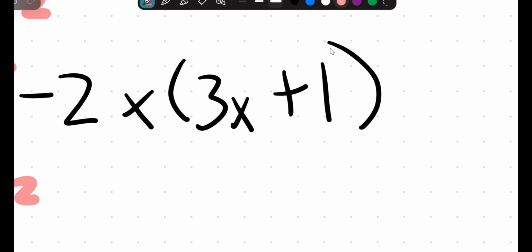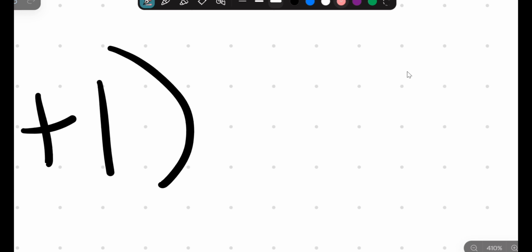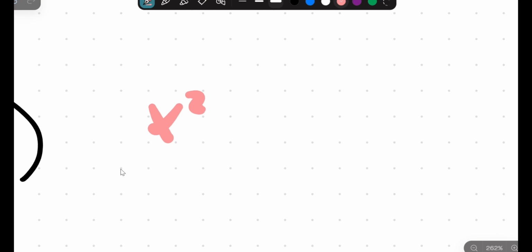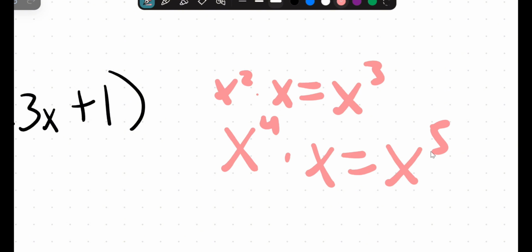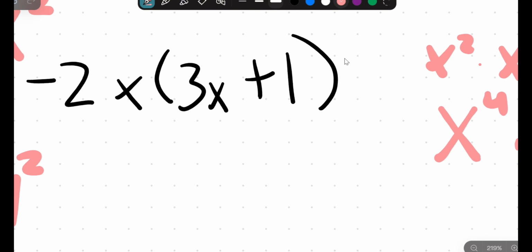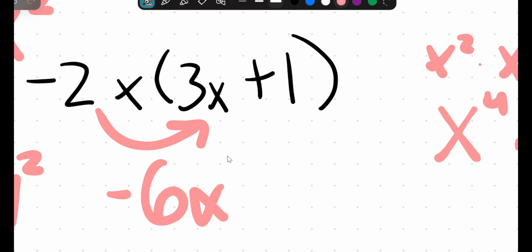So once again, remember x times x is x squared, or if we had x squared times x, that becomes x cubed. Or if we had x to the 4th times x, that's x to the 5th. Do you guys see the pattern? Yeah. Okay, so we're going to do negative 2x times 3x. That becomes negative 6x squared.